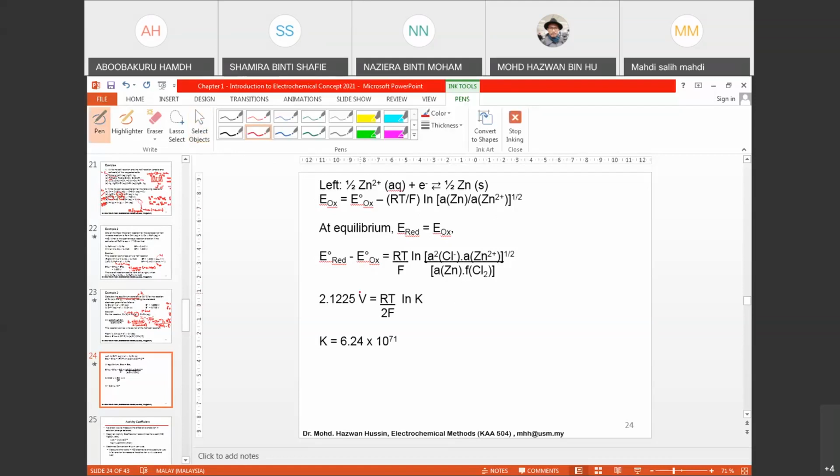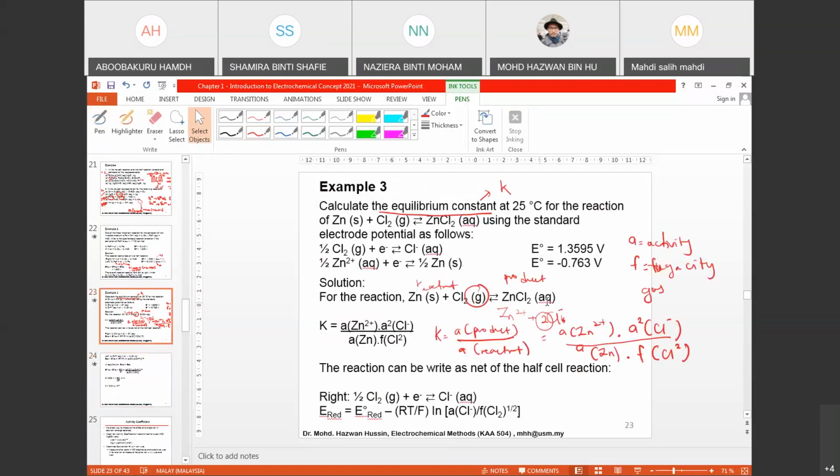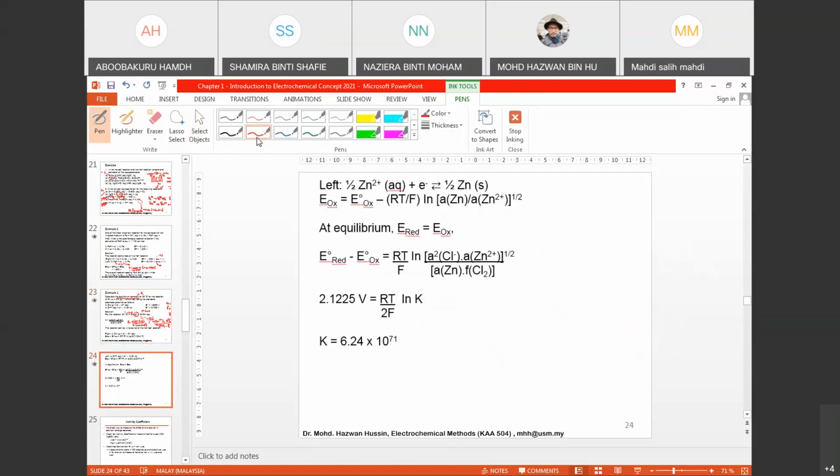Because this one is actually calculated from the value, 1.6. Oops. 0.7, I guess.